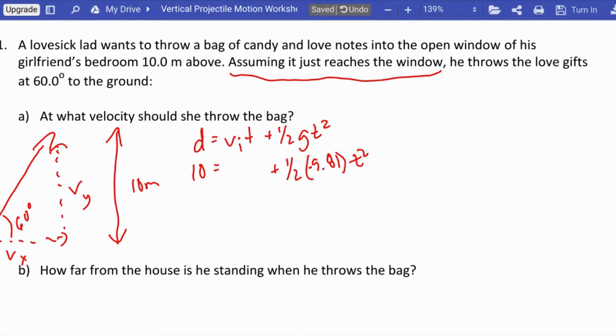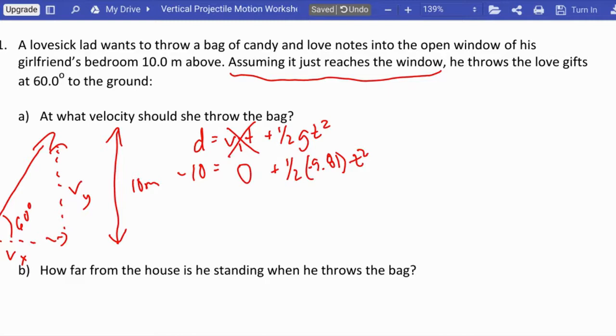If that object was able to fall back down, it says assuming it just reaches the window, that's its highest point, then in that case, the initial velocity as it fell back down would be 0. And so that's going to allow us to cancel out that portion of the motion and ignore it, and allow us to solve for the time.